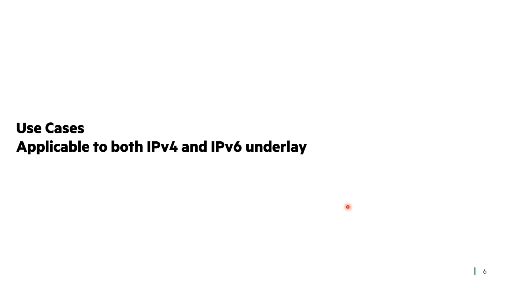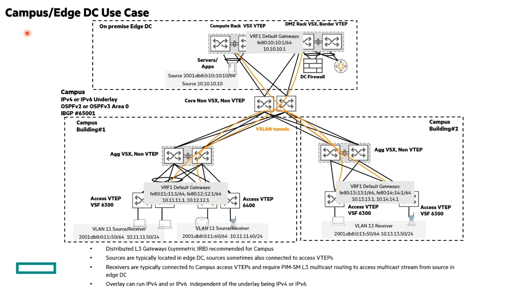Let's go on to the use cases. These use cases are applicable to both IPv4 and an IPv6 underlay and will be related in terms of part 2 of 2. So our first use case, we have a campus with an on-premise DC. We're typically using distributed layer 3 gateways, which is recommended for the campus.